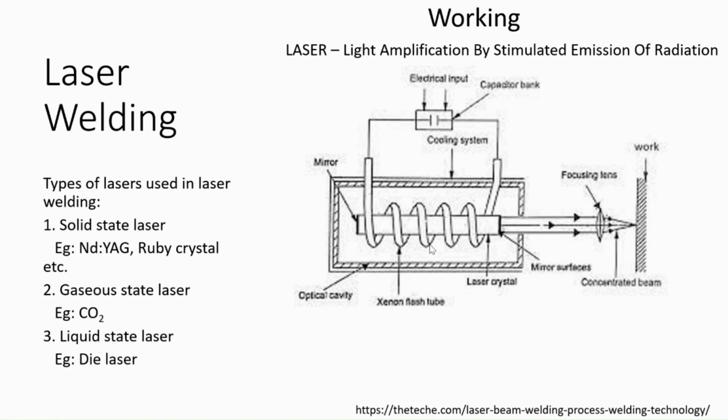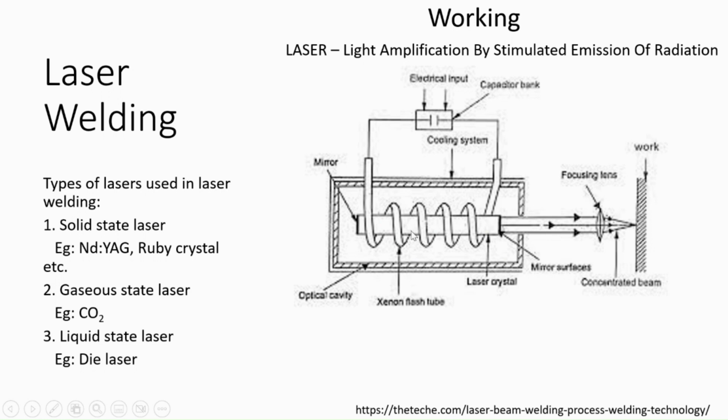It takes in energy, goes to an excited state, and when it comes back, it releases a photon. Since it releases many wavelengths, all of them combine to a white light, and that intense white light strikes the laser crystal.